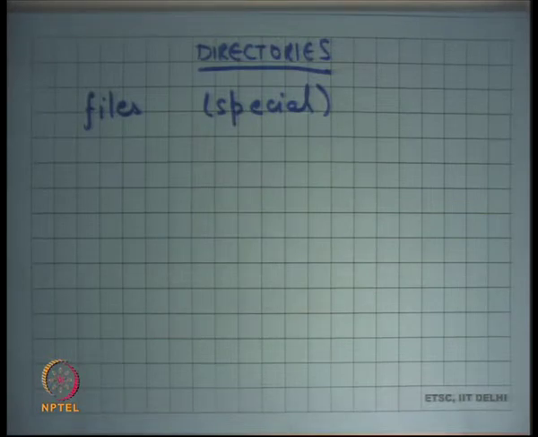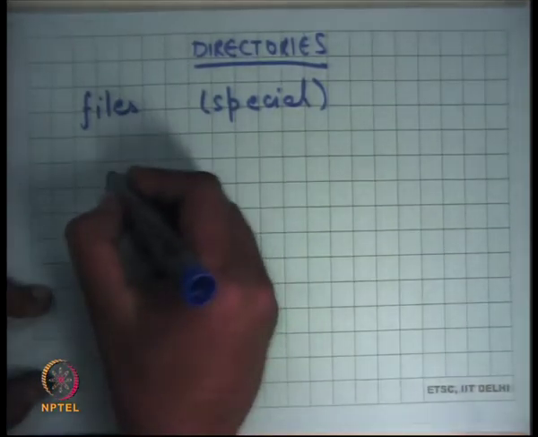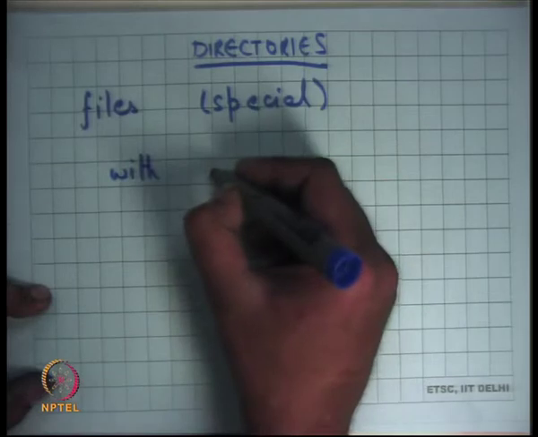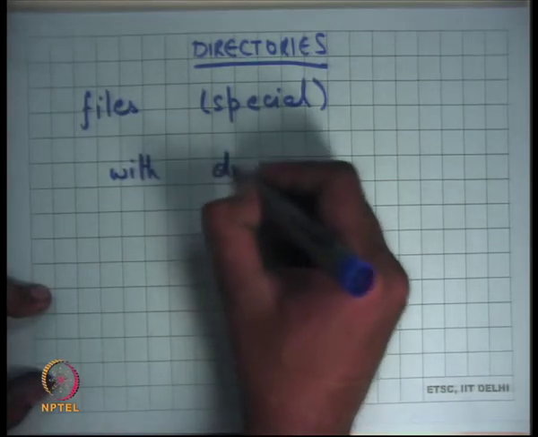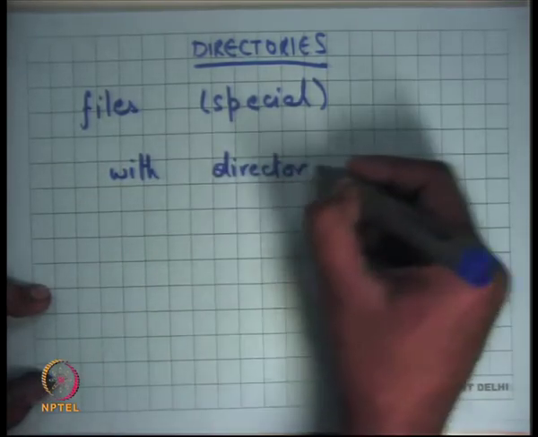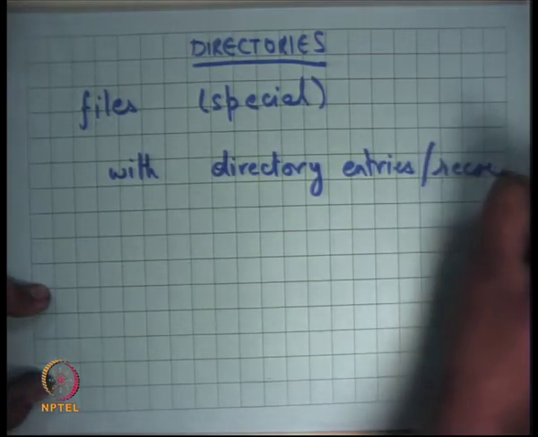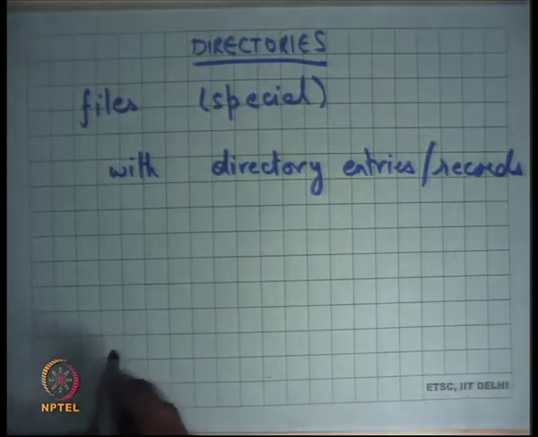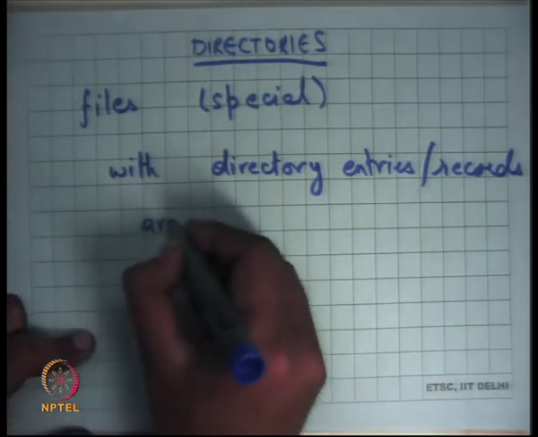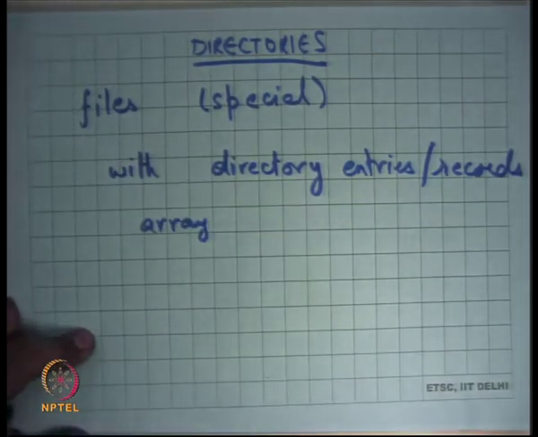And it's only the operating system that can interpret them. So a directory is a file with records, so directory entries. Right? And on x86 it's represented as an array of directory entries.